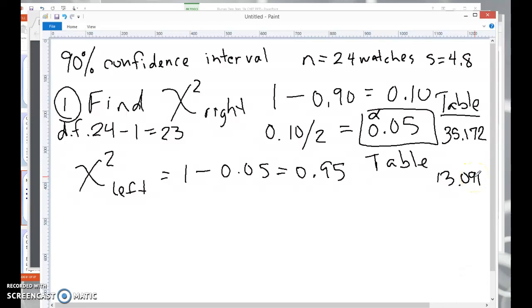All right. Now that we have our two table values, we can go ahead and find the confidence interval for the variance.